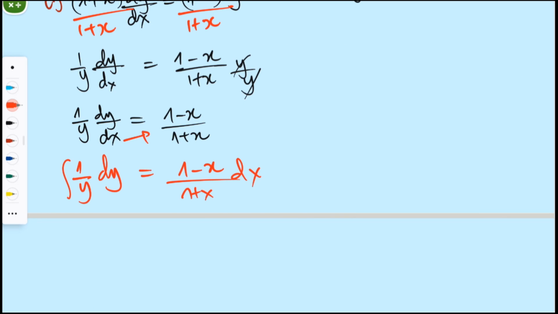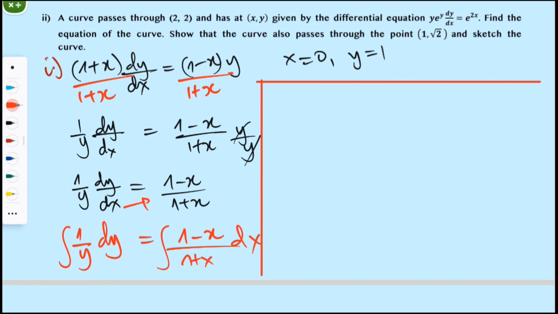So now we are going to integrate each of these sides. The integral of 1 over y is going to be natural log of y. Well, they haven't given us any interval, so it's an indefinite integral. So this would be plus c, right?